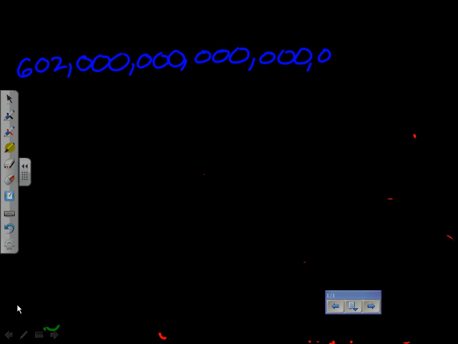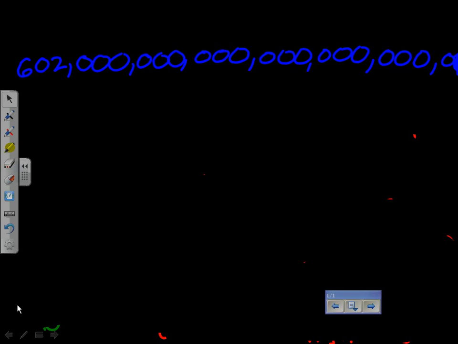Here you have 602 followed by a long string of zeros. Is that other 0 visible? Let's see. Okay. So this is a pretty large number. Let's go ahead and see if we can express it in scientific notation.